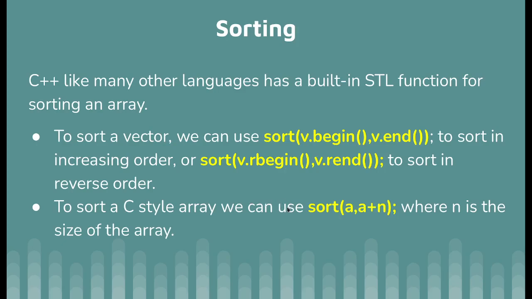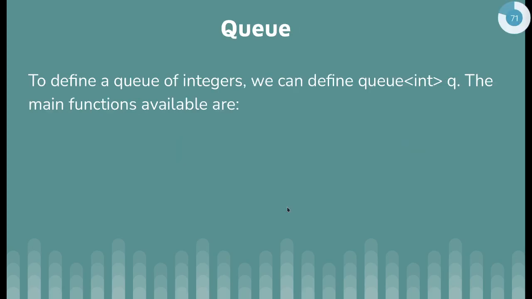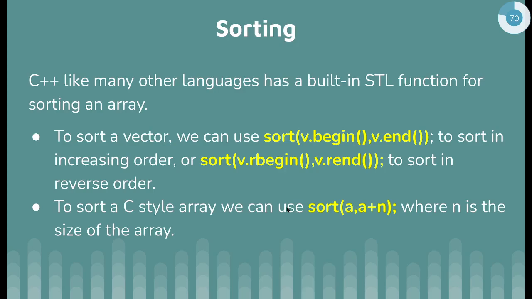I prefer to use vectors, but it depends on the type of problem. C-style arrays are faster than vectors, so sometimes you get TLE and you change the vectors to big arrays where you don't use some of the variables, and it will be faster.